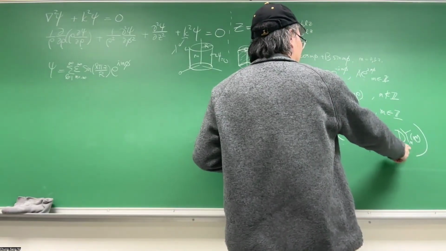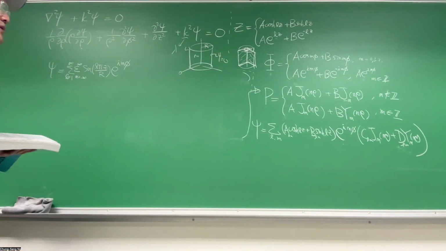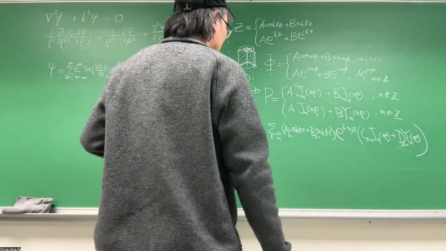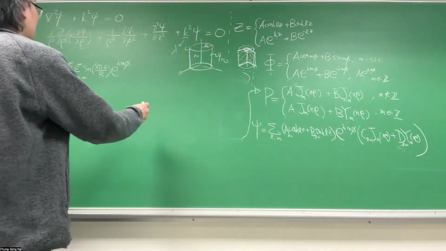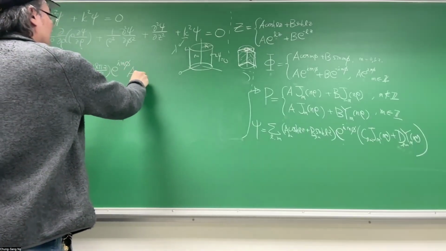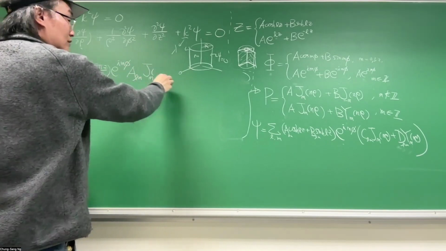So you reset all the D to be 0, and you only have the J function, right? So that is what we have. You have a coefficient like A_LM, and the Bessel function.